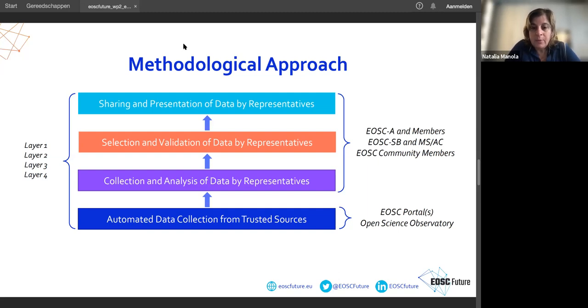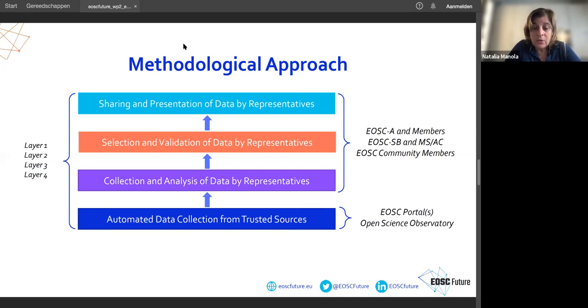The other is the Open Science Observatory, and this is something that we are building based on the OpenAIRE research graph that Paolo described this morning. But what is of interest here, because we had an internal OpenAIRE workshop on monitoring, is that many of our members and members of other networks are building national monitoring systems.